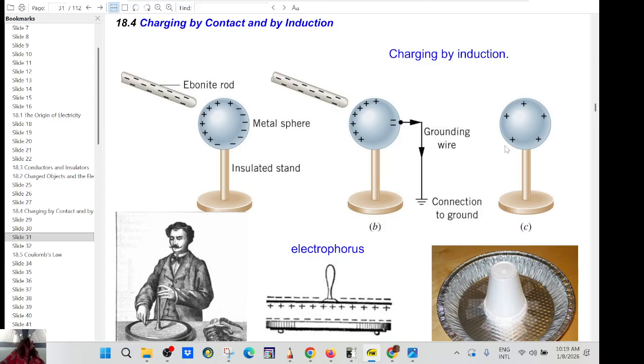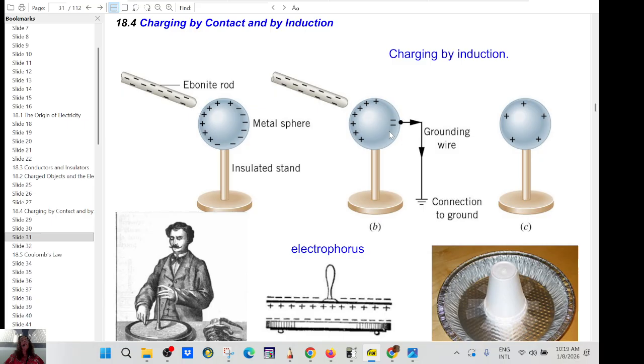When you connect the grounding wire, by depolarizing the sphere, do you also charge it? Yes, it's being charged. That's why it's called by induction.